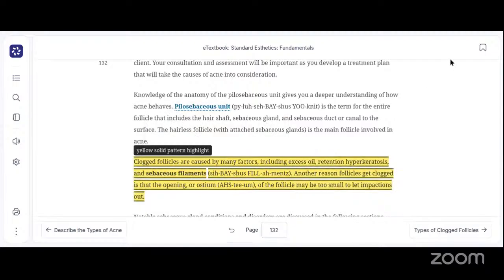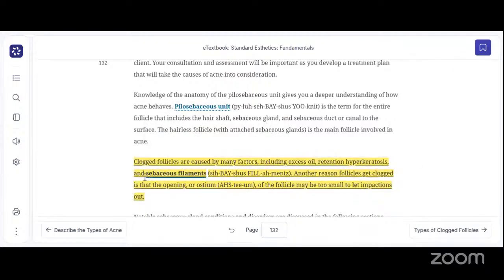Page 132, also bookmarked and highlighted: clogged follicles are caused by many factors, including excess oil retention, hyperkeratosis, that is dead skin cells, those fibers that help build up the skin, sebaceous filaments, and waste materials.